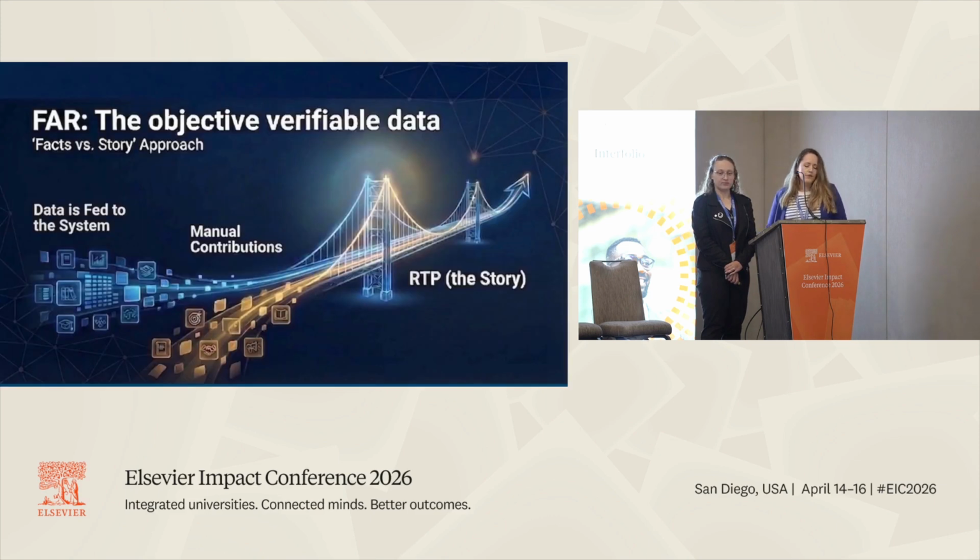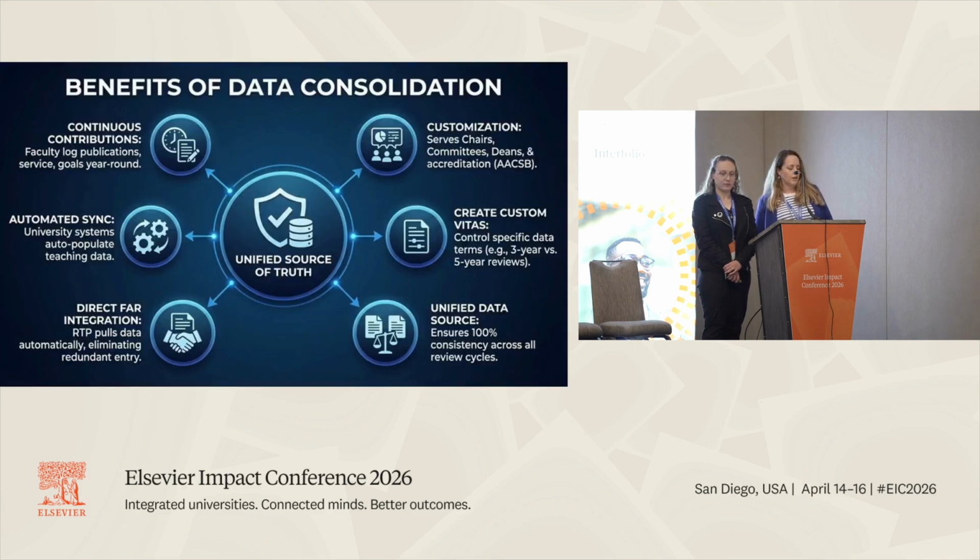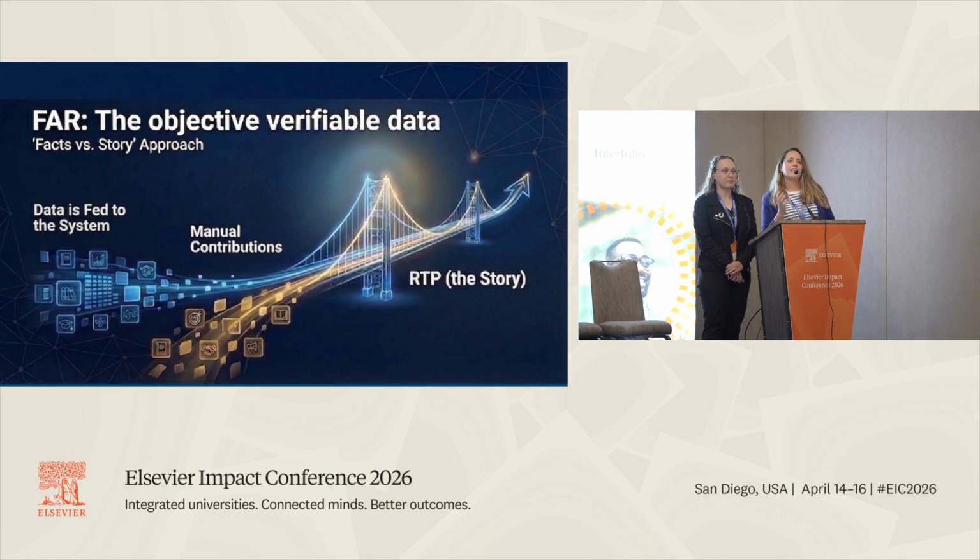We like to view FAR as the objective verifiable data, the facts. And this was really covered nicely yesterday with the panel of guests in the main session. They already talked about this and they explained it well. RTP and FAR, it's basically the facts and the story.